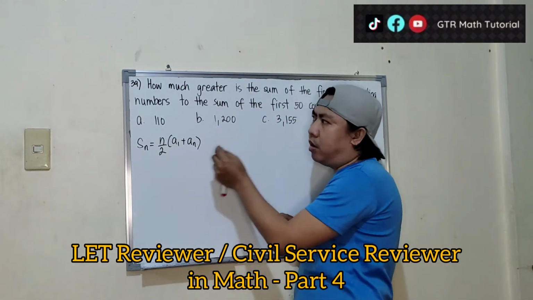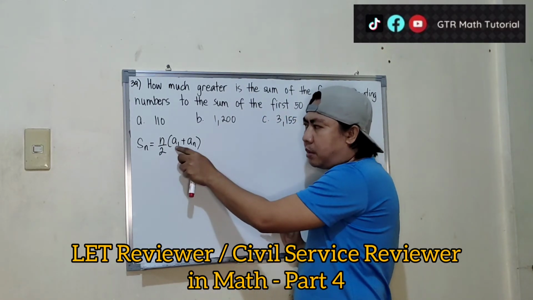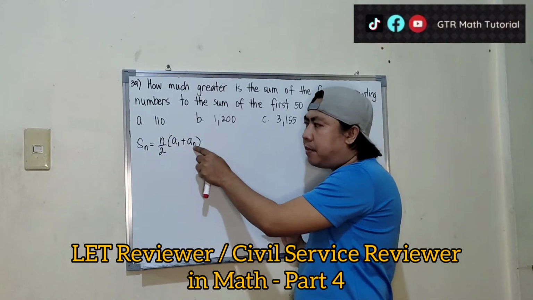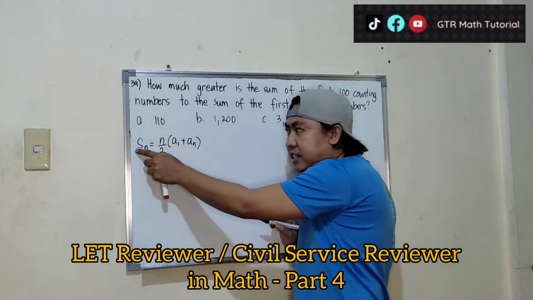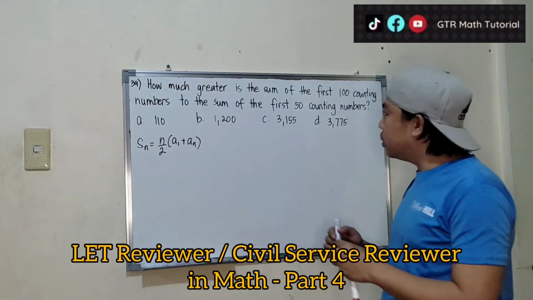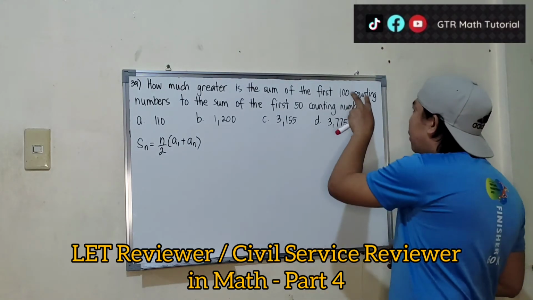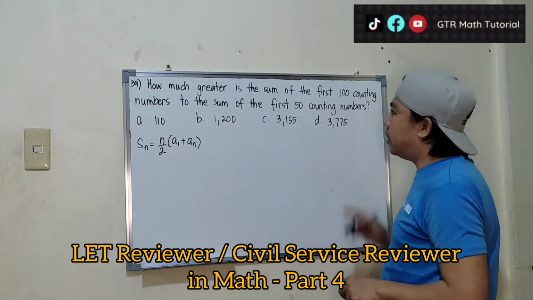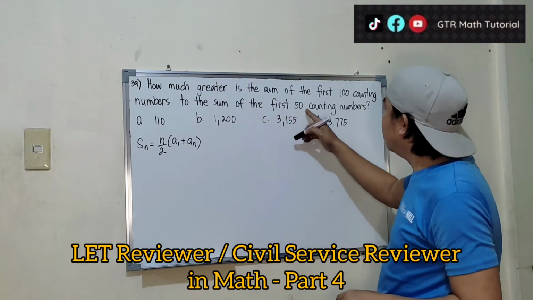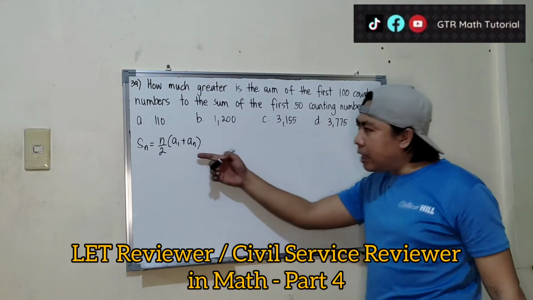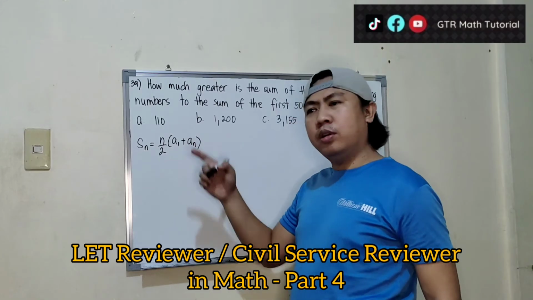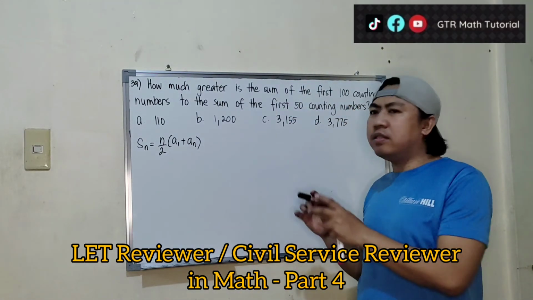So n is the number of terms, a sub 1 is the first term, a sub n is the last term. So S is the sum. Okay? So dalawa yung solution natin. Yung una, first 100, 1 to 100, and then 1 to 50.